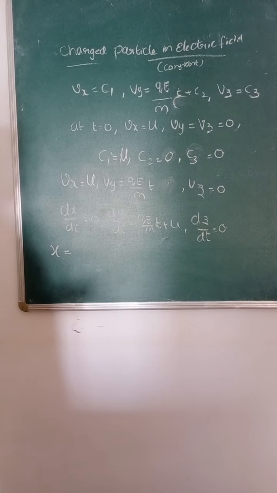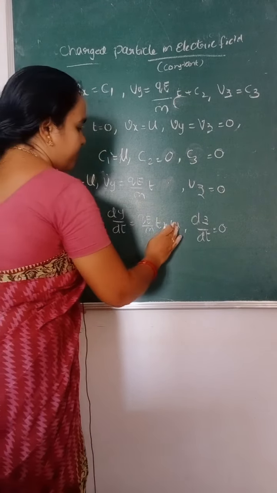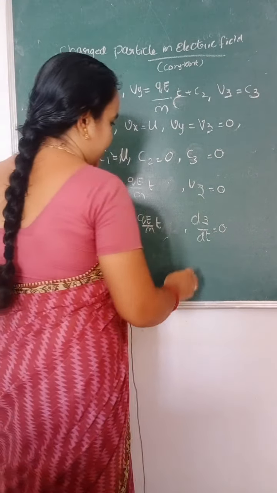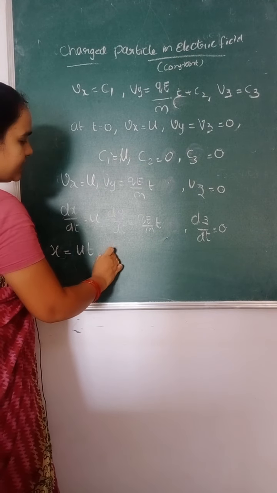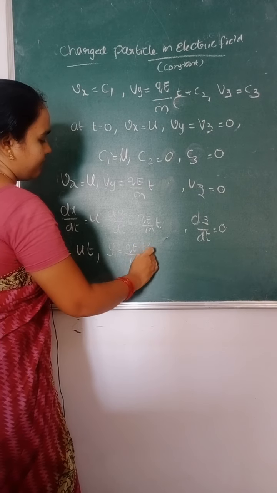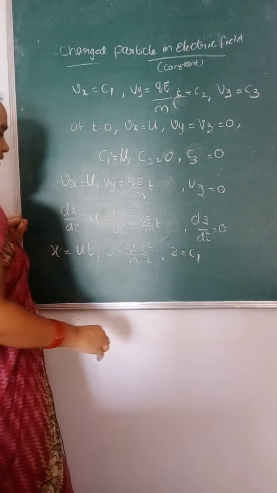Then dx by dt is equal to u, dy by dt is equal to QE by m into t, dz by dt is equal to 0. Then x is equal to ut, y is equal to QE by m into t square by 2, and z is equal to some constant.